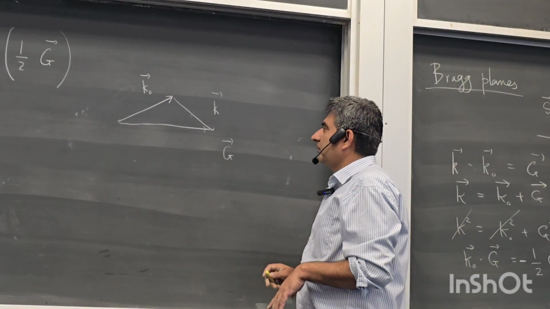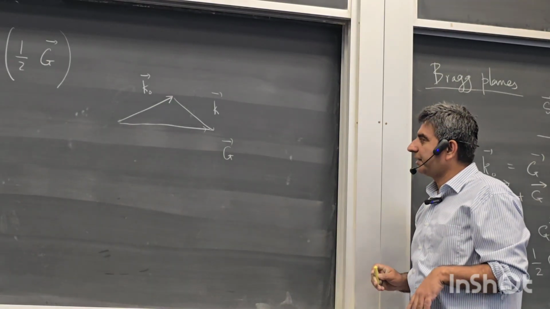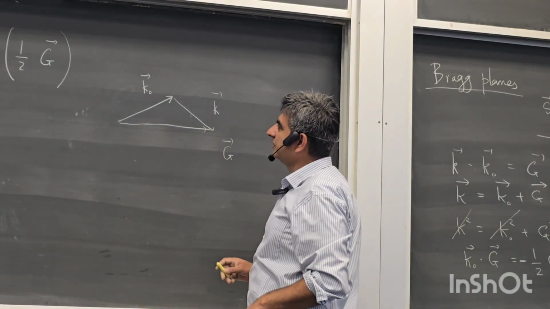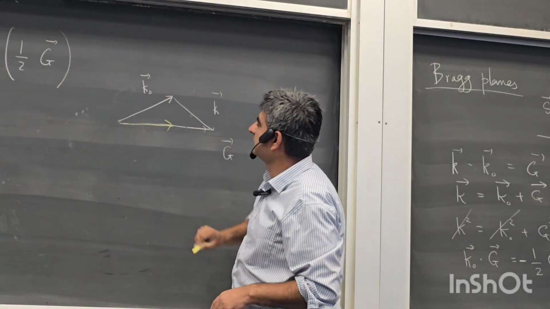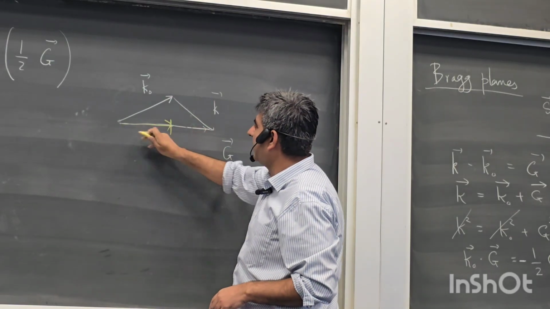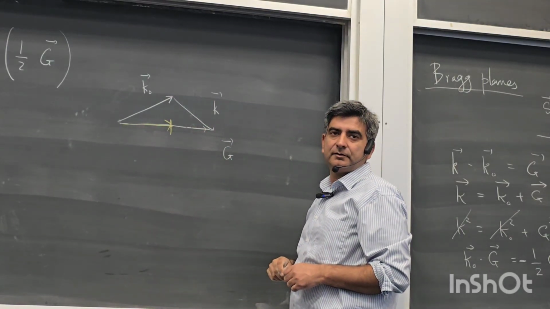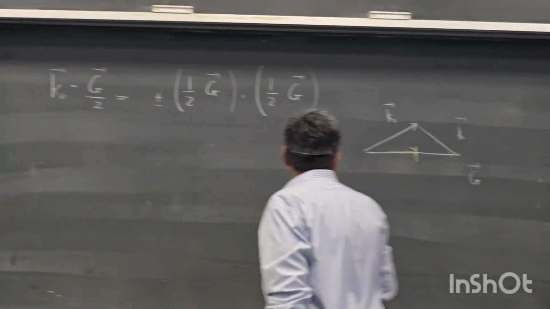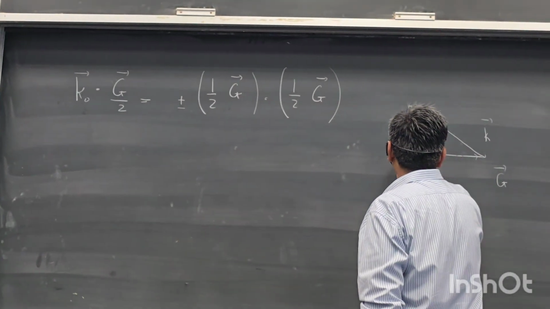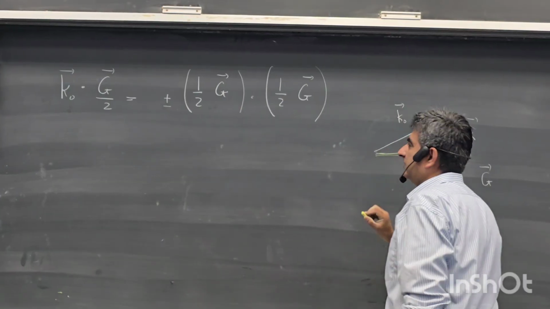Now if you look at this expression, what is half of g? Half of g is this much, just up till here, half of this. Now if I take the dot product of k with half of g, I will get something along this direction.